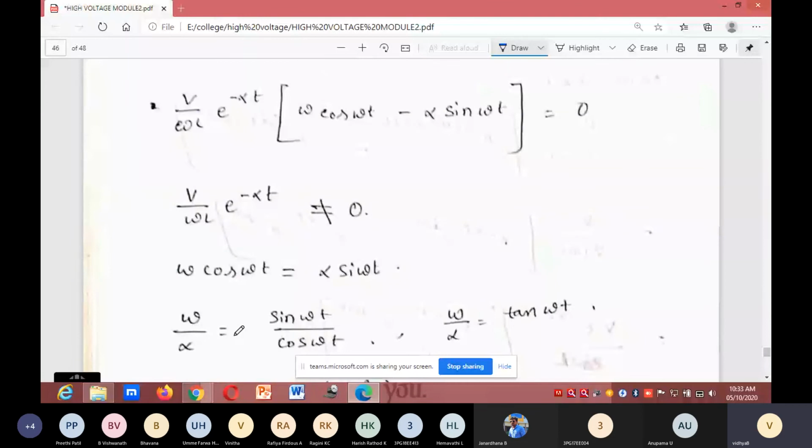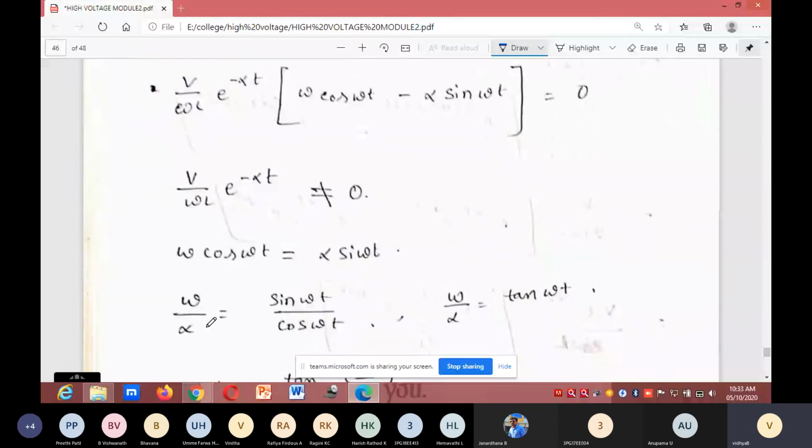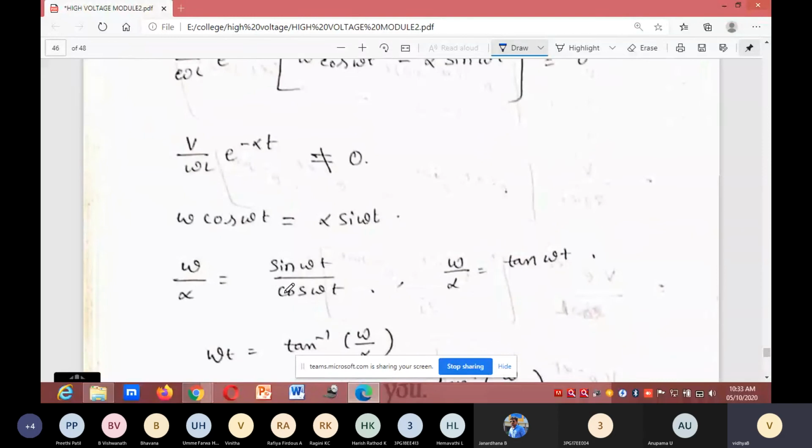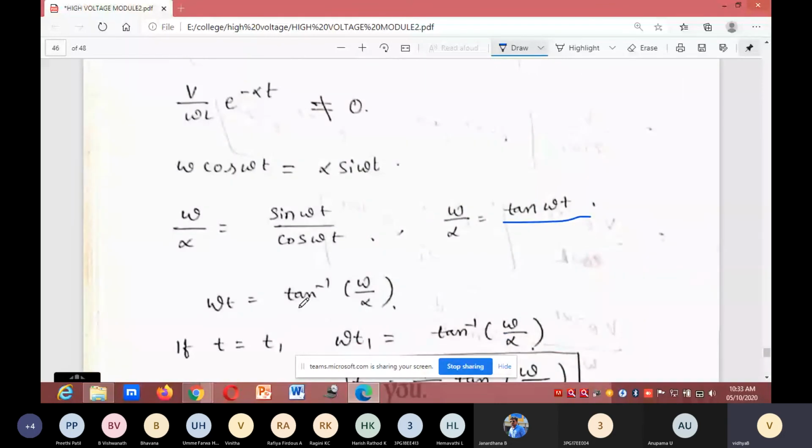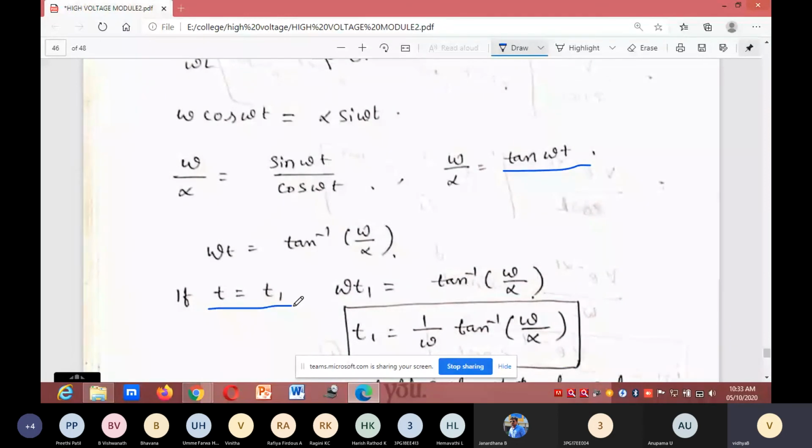So omega divided by alpha is equal to sine omega t divided by cos omega t, that is, omega divided by alpha is equal to tan omega t. Omega t is equal to tan inverse of omega by alpha. If t is equal to T1, what happens? T1 is equal to 1 divided by omega, tan inverse of omega divided by alpha.